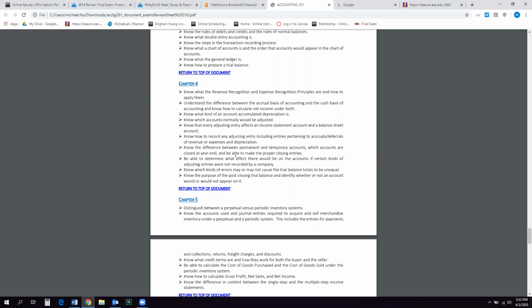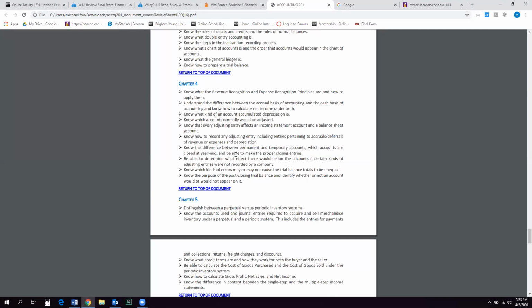Be able to determine what effect there would be on the accounts if certain kinds of adjusting entries were not recorded by a company. These are tough ones because it means you have to understand the adjusting entry. In essence, if it says, if this adjusting entry didn't occur, what would be understated or overstated, right?